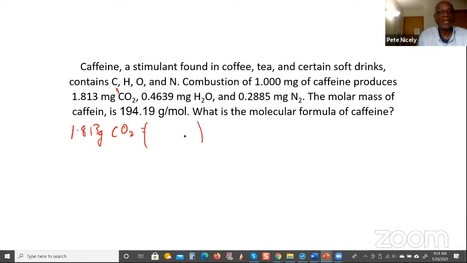So we have to multiply that by, well, first, this is milligrams. So the first thing I would do is convert this to grams. So I'm going to put 1,000 milligrams down here of CO2 and 1 gram of CO2 above.